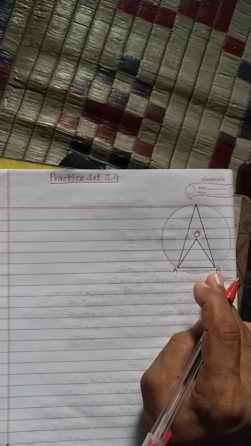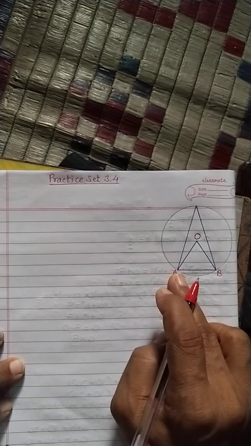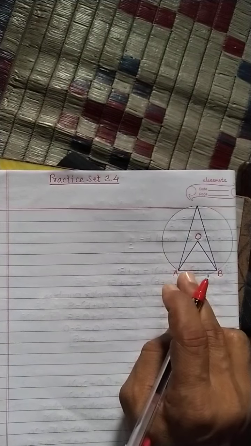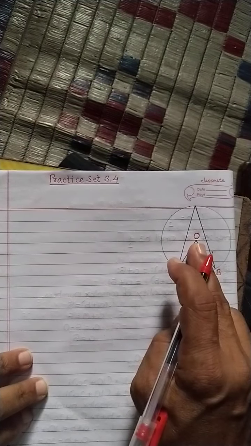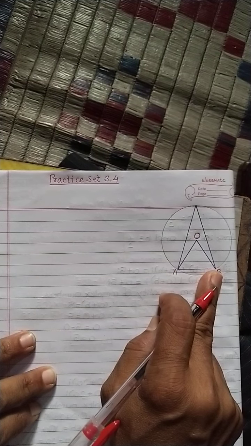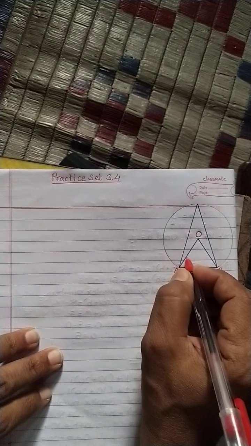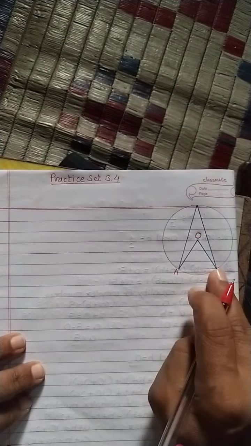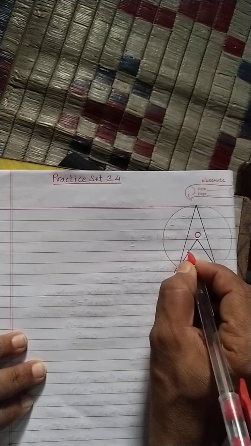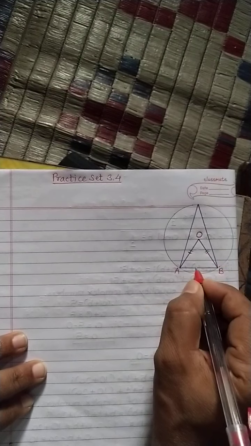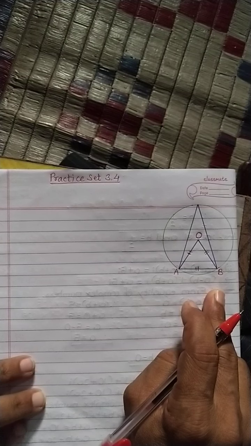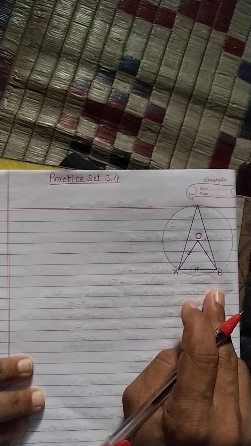The length of chord AB is equal to the radius of the circle. Segments OA and OB are the radii of the same circle, so OA is equal to OB is equal to AB. Then find the measure of each of the following.